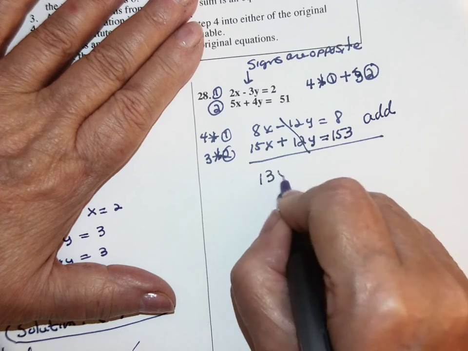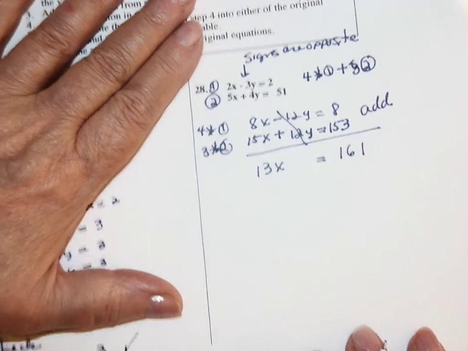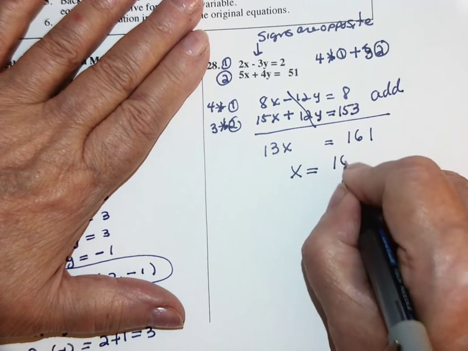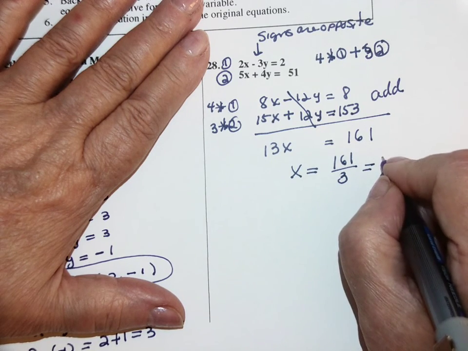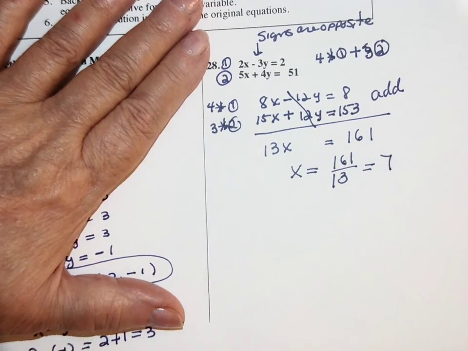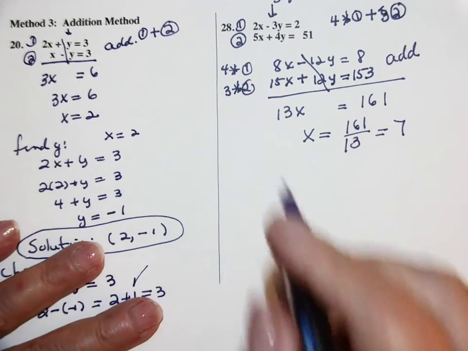I get that 13x equals 91, or x equals 91 divided by 13, which is just 7. So x equals 7. Now I want y.